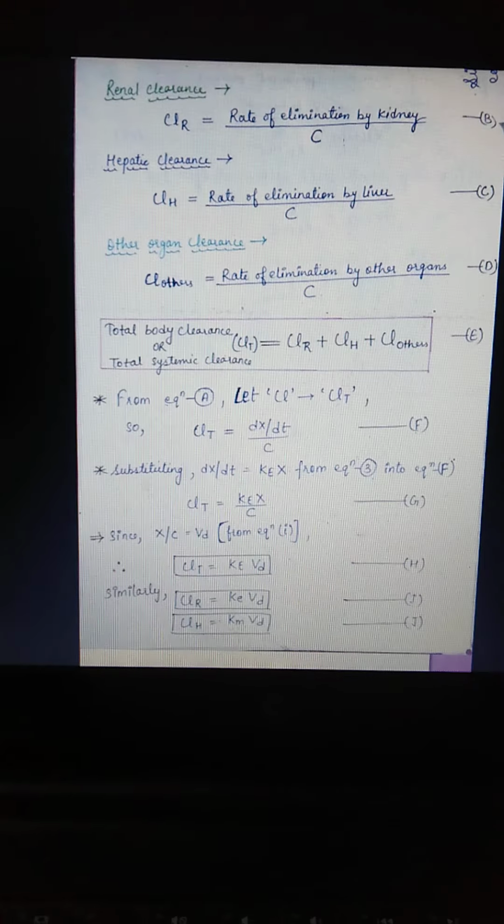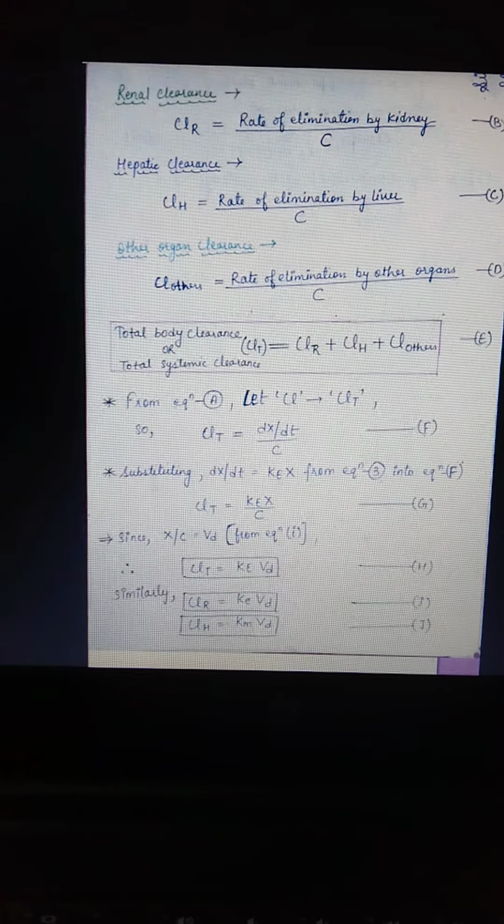So when we talk about a particular organ, for renal clearance it's the rate of elimination by kidney, and for hepatic clearance it's the rate of elimination by liver.